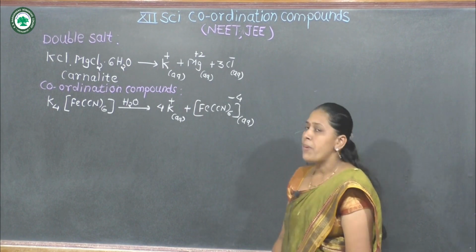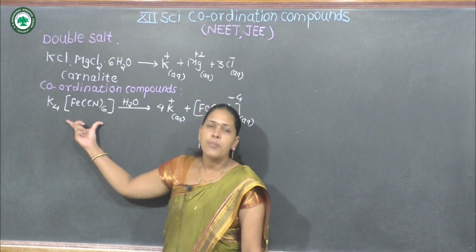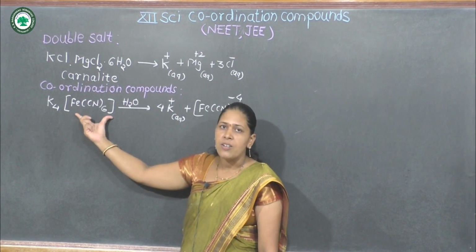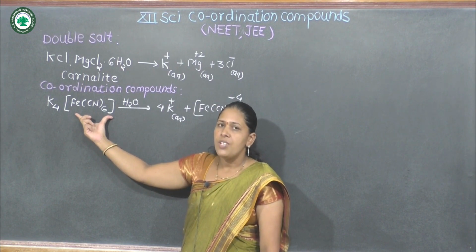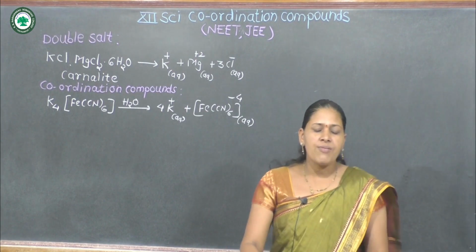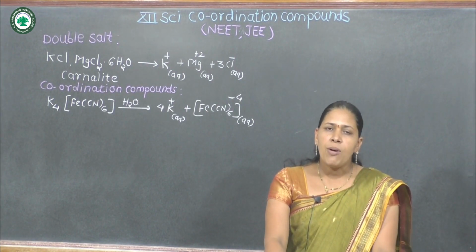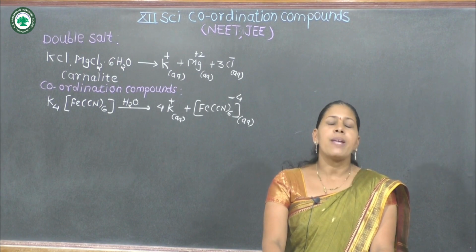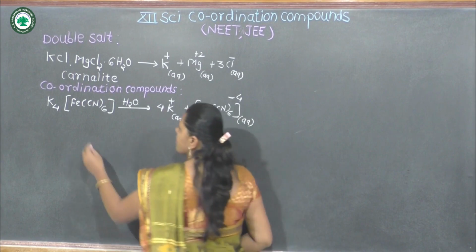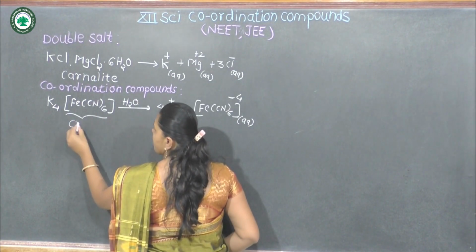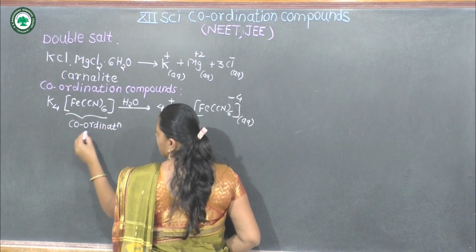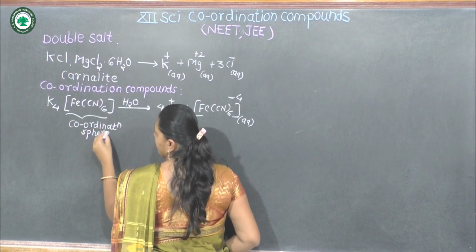In this example of a coordination compound, the part of the complex enclosed in the square bracket is called the coordination sphere.